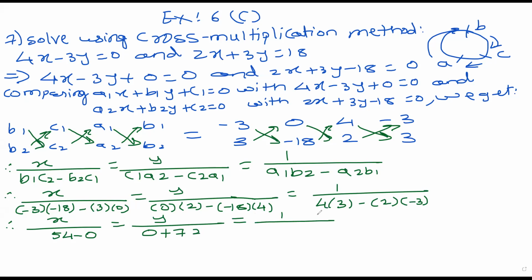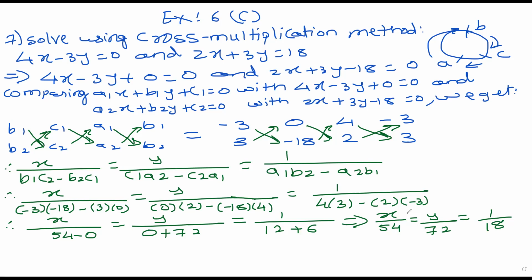And finally 4 threes are 12, and minus minus will become positive, 2 threes are 6, so 12 plus 6 will be 18. So you have x upon 54 is equal to y upon 72 is equal to 1 upon 18.